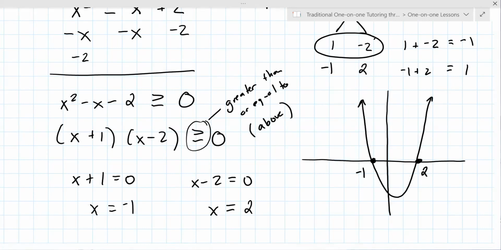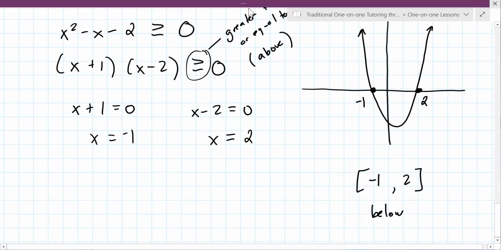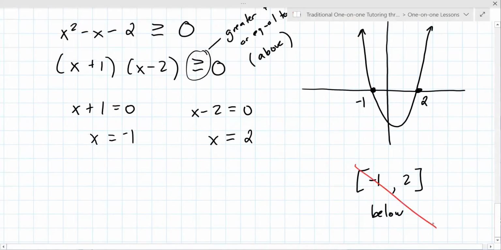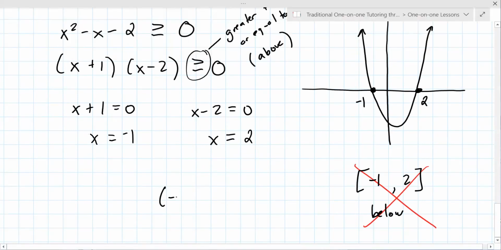This time, if we say bracket -1 comma 2, this is the area that's below. We don't want that this time. This is wrong. What we want instead is the area above, which is -infinity to -1, 2 to infinity.